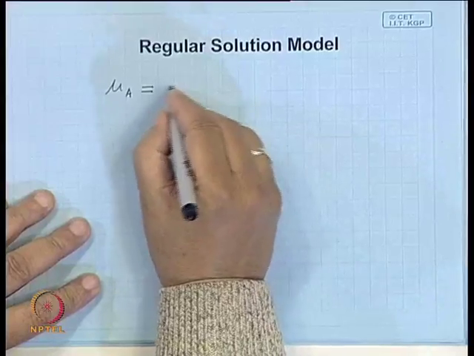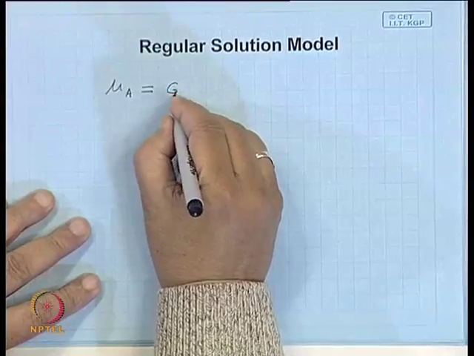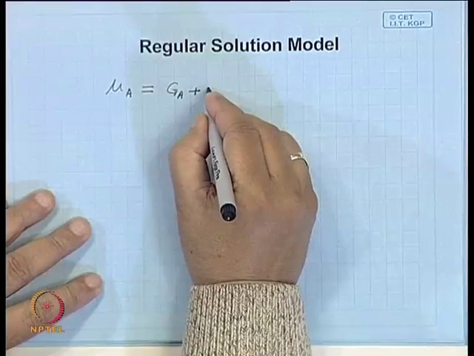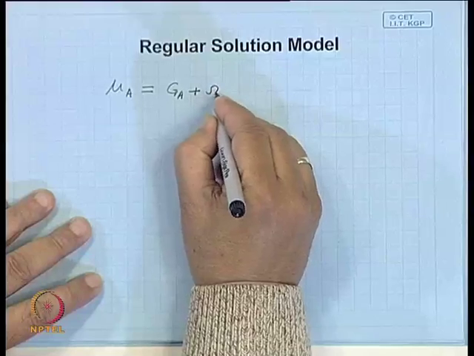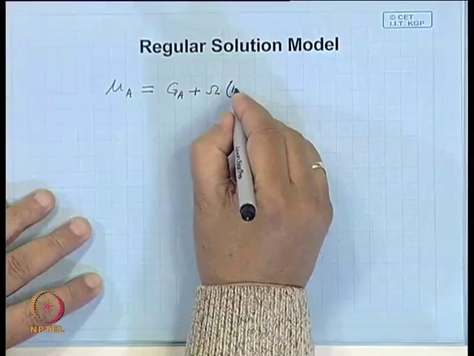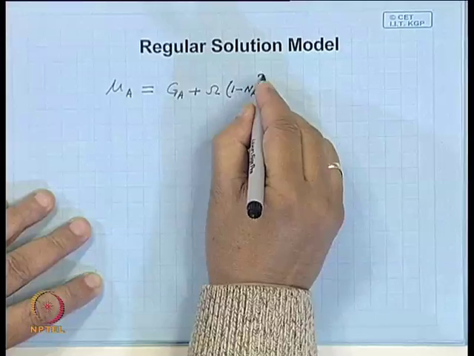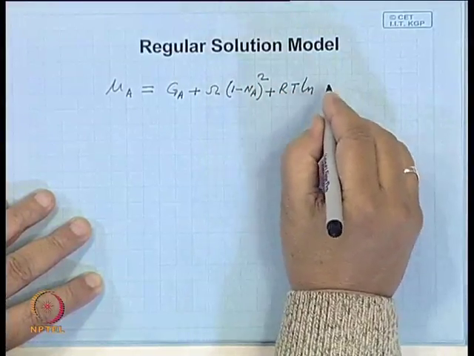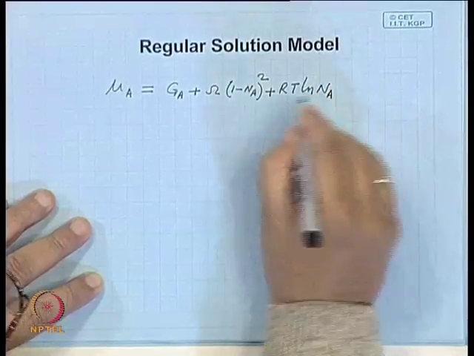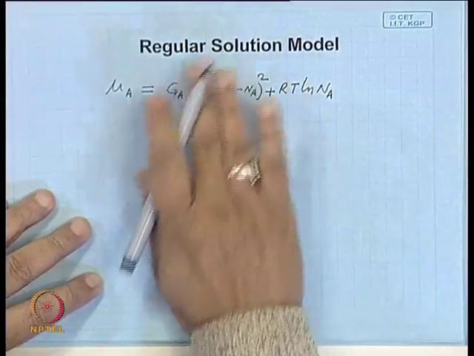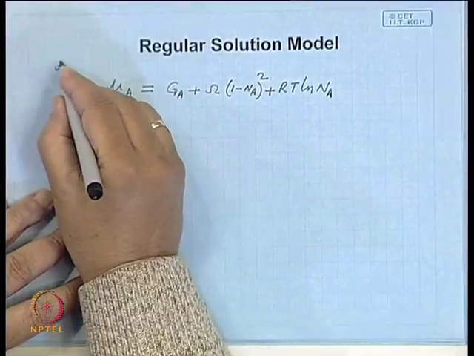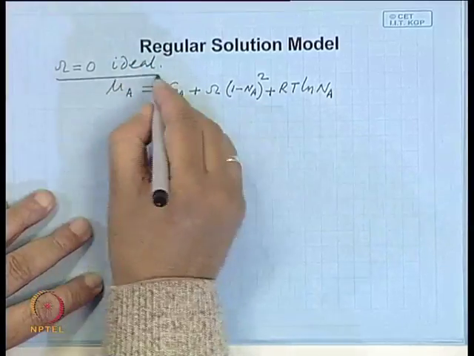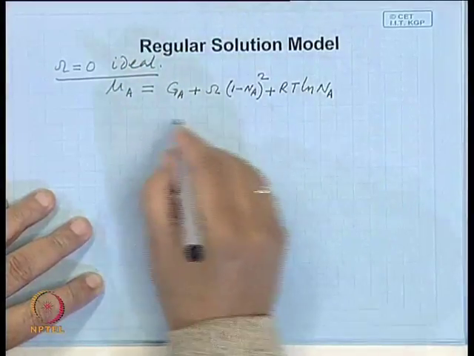This is the standard state, then you have omega times (1 minus N A) squared plus R T ln N A. Had it been an ideal solution, omega would equal 0, but in this case it is this.